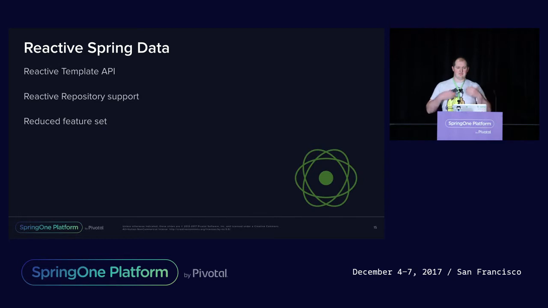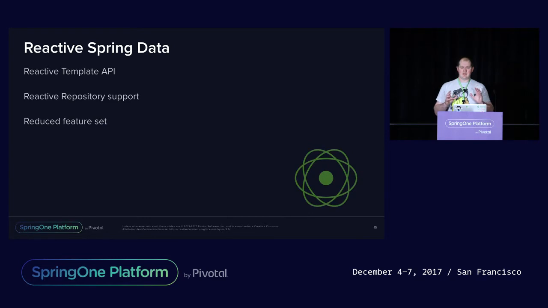And then you step one step above with the repository support, where you abstract your data access through the repository abstraction. And that's also something which is supported in a reactive way. Though we have a slightly reduced feature set for our data stores, because it does not make sense to implement every single feature in a reactive way.